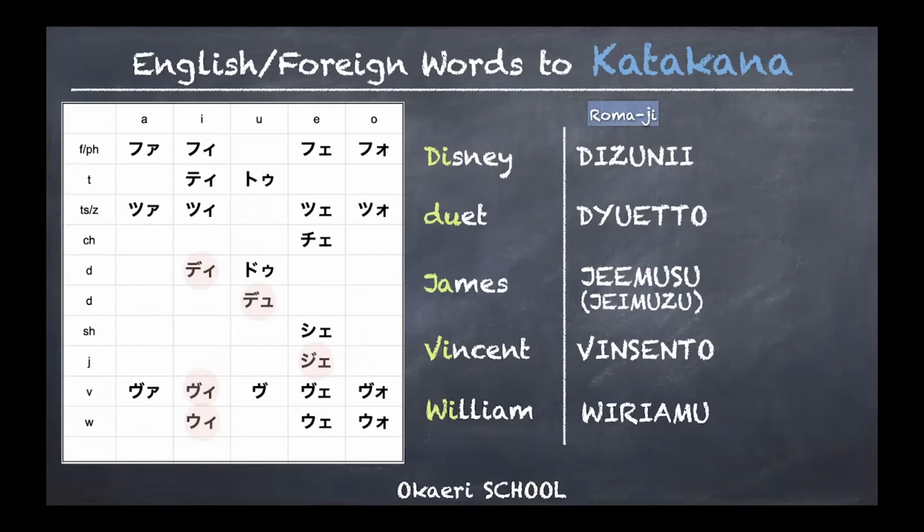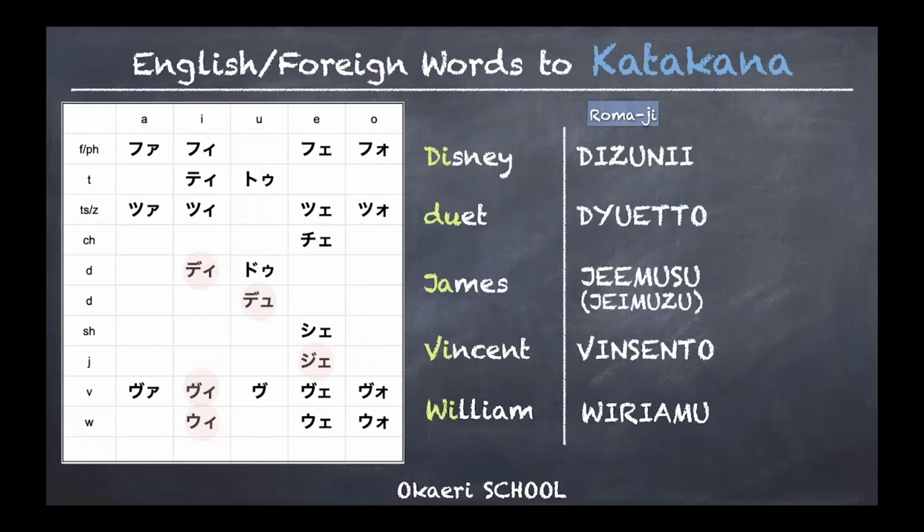James can be written two ways. It just depends on how you pronounce your name or how you prefer it to be spelled. Vincent. We don't have a C sound, that's just the same as the S sound. So it will be Vincent. William will be we.